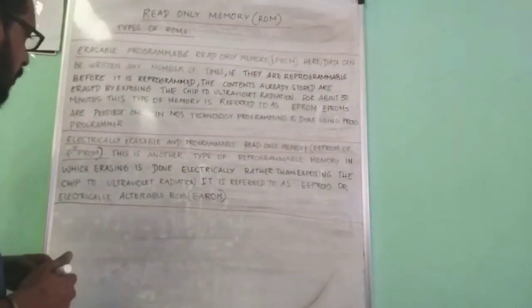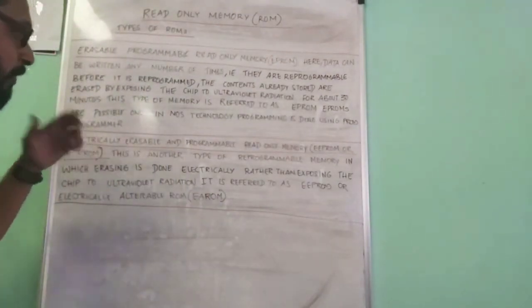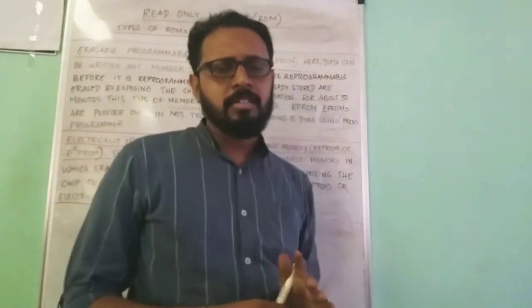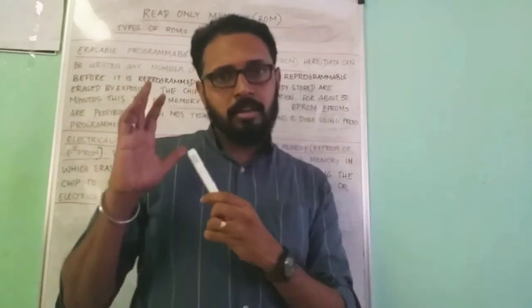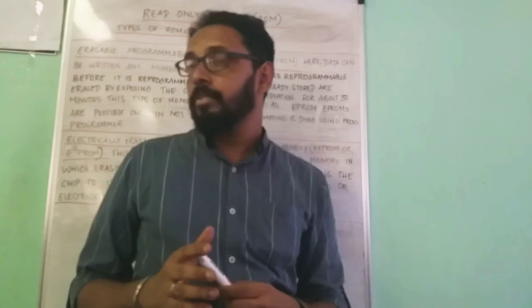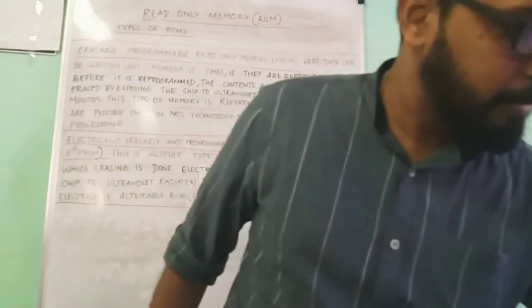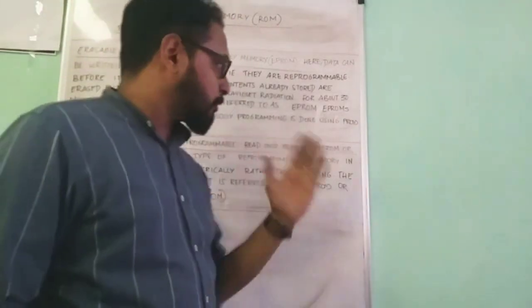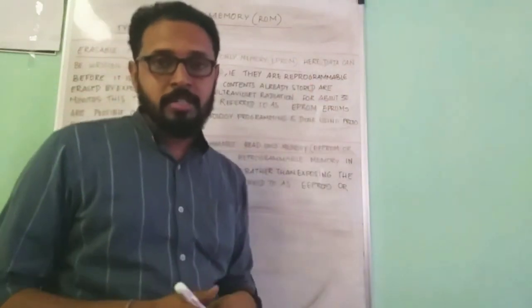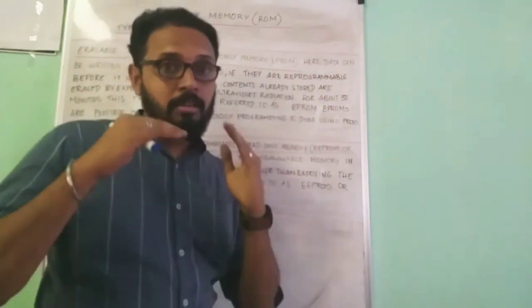Next one is electrically erasable and programmable read-only memory. Here the only difference is that instead of exposing the memory to ultraviolet radiation, we use electricity to remove the contents.